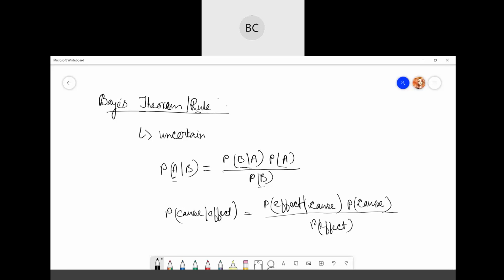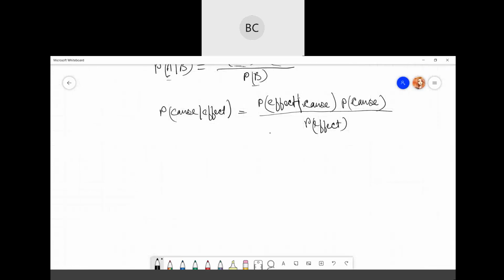Based on the Bayes rule, there is another network which is called Bayesian belief network. Bayesian belief network mainly deals with probabilistic events and solves problems which are not certain.